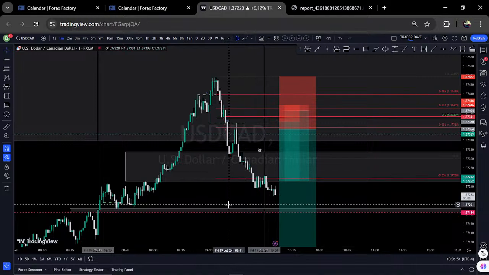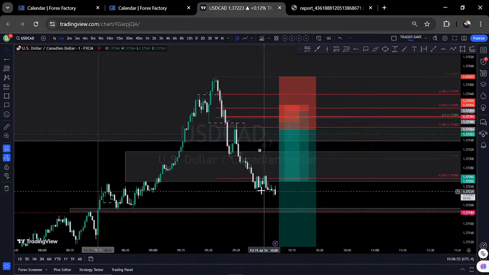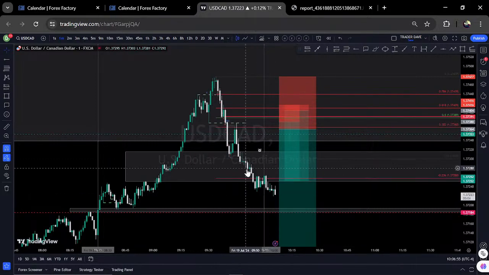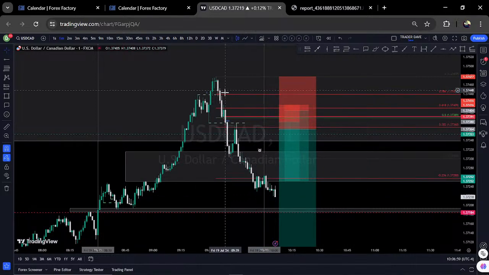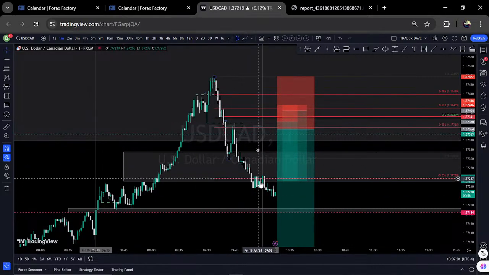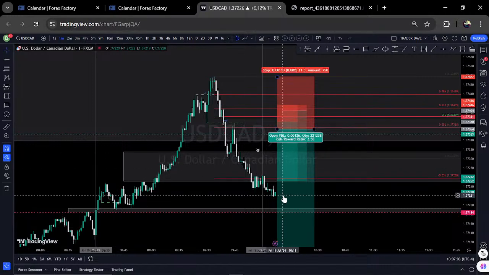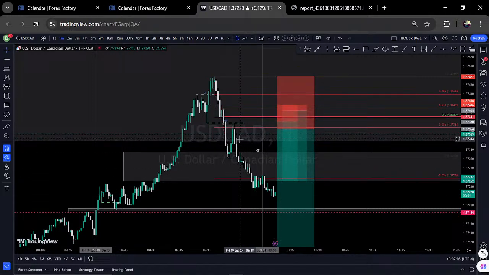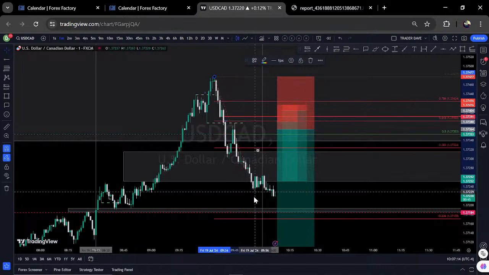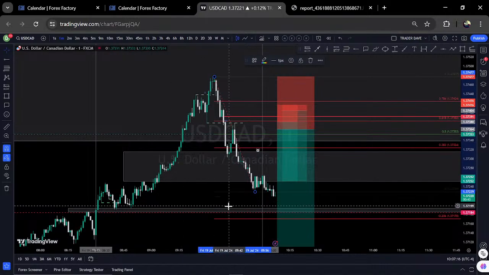But the market didn't provide that, so that means it wants to keep going down. But the reason we are seeing this stall in price is that maybe the market is trying to get up to about 50% of this whole impulse before it continues its way down.